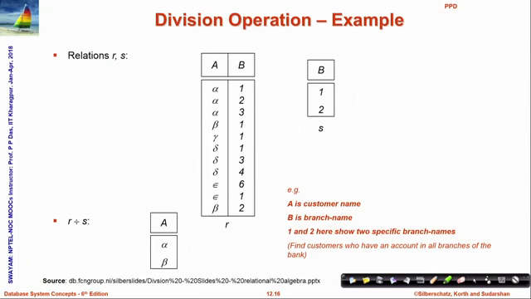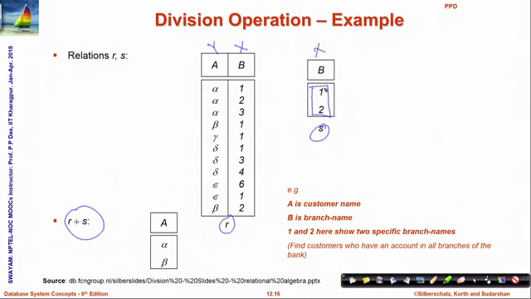Let us take an example. Let us say this is the relation R and this is the relation S, and I am trying to compute R divided by S. So, over the attributes of this, this is x, and this is attribute set y.